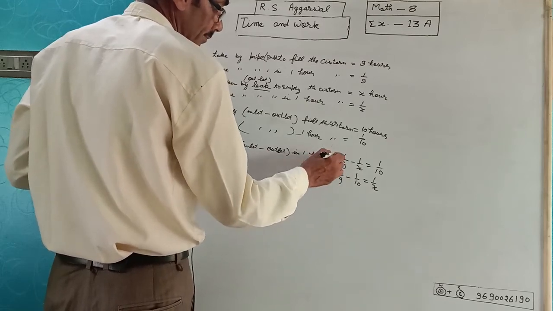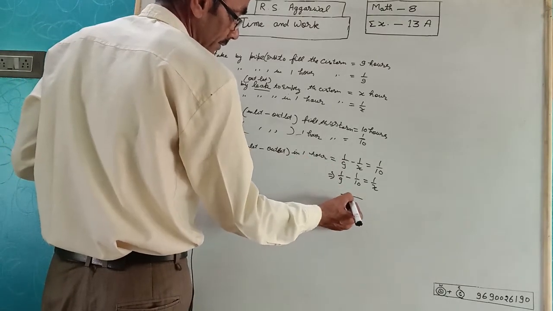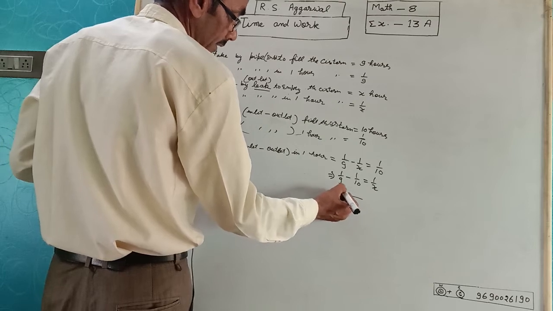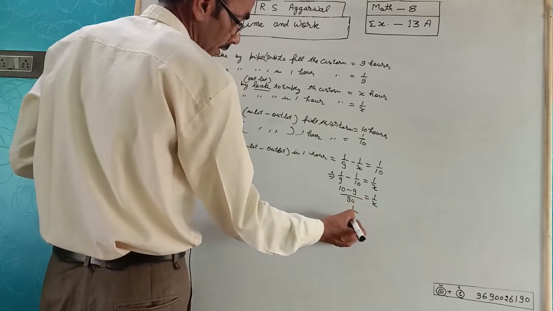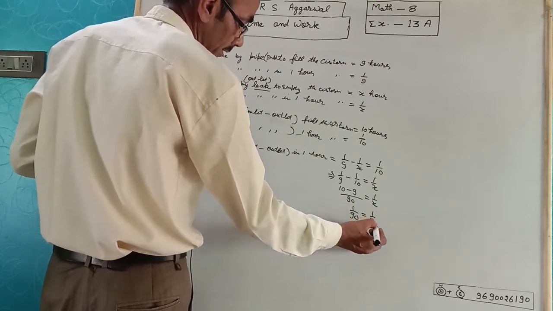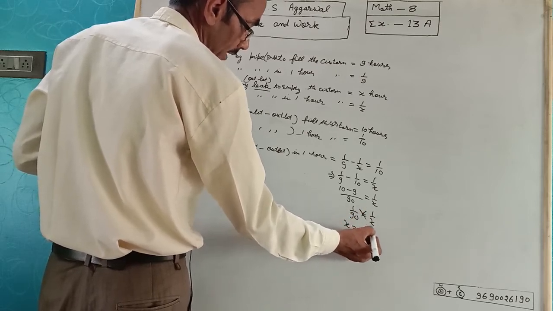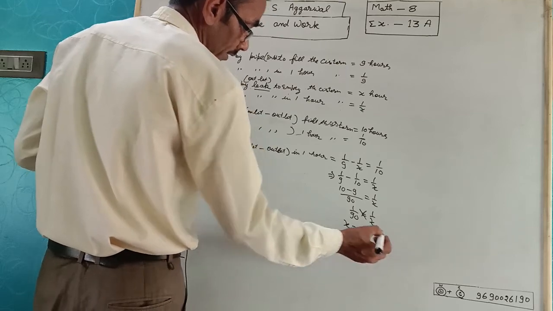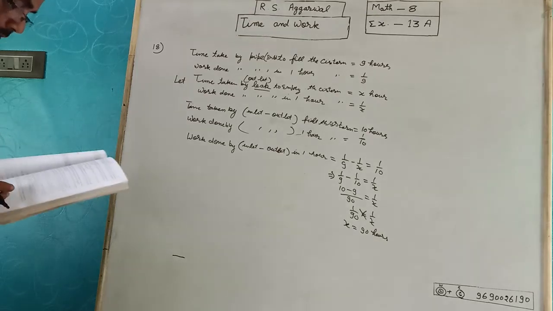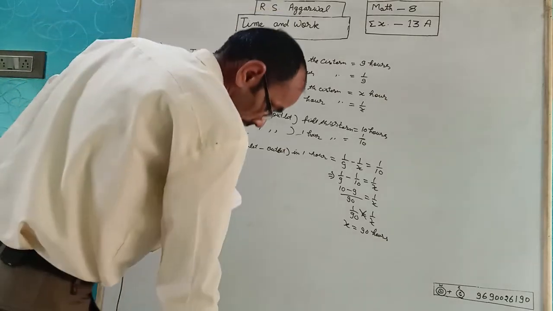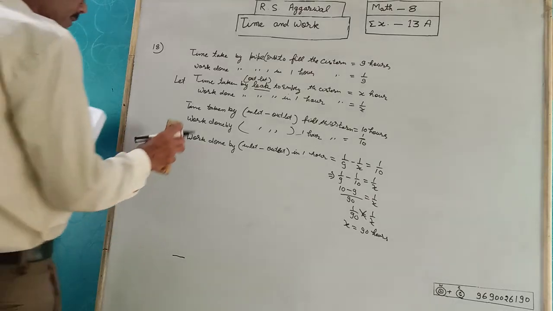Take the LCM. LCM is 90. 10 minus 9 is equal to 1 upon x, so 1 upon 90 is equal to 1 upon x. After cross multiplying, x is equal to 90 hours. After opening both inlet and outlet, it fills the cistern in 90 hours.